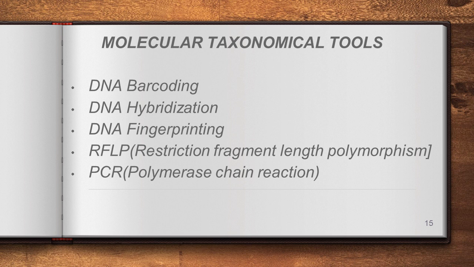A few methods are given here: DNA barcoding, DNA hybridization, DNA fingerprinting, RFLP, meaning restriction fragment length polymorphism, and PCR, meaning polymerase chain reaction. These methods help in the study of taxonomy. Understand? Let us see how they help.